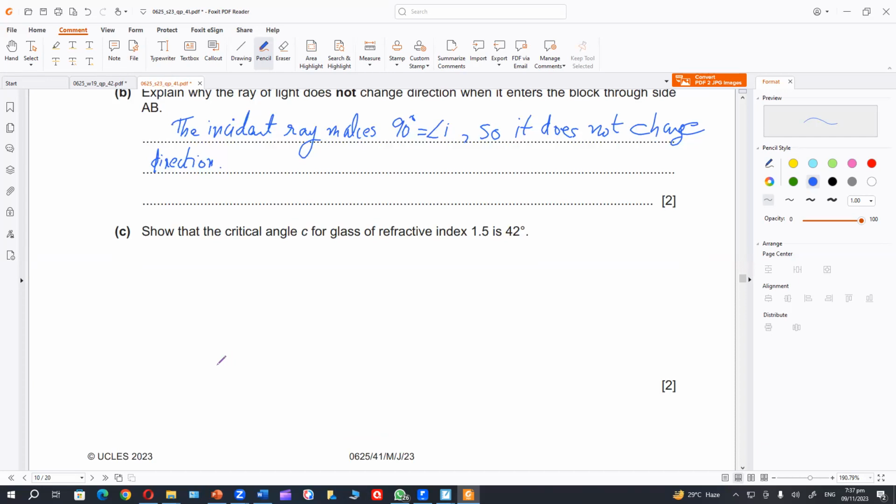Otherwise, it's fine. Show that the critical angle for glass of refractive index 1.5 is this. Let me write the formula. n is equal to 1 upon sin c. Sin c is equal to 1 upon n.